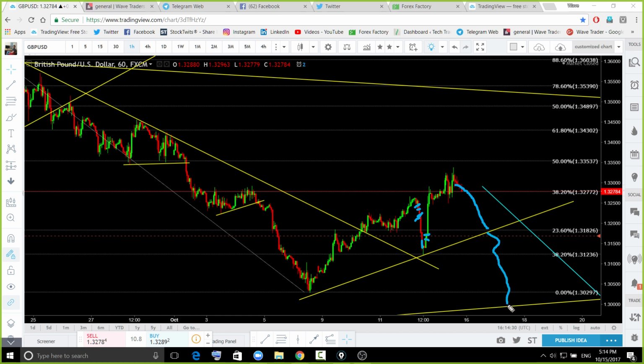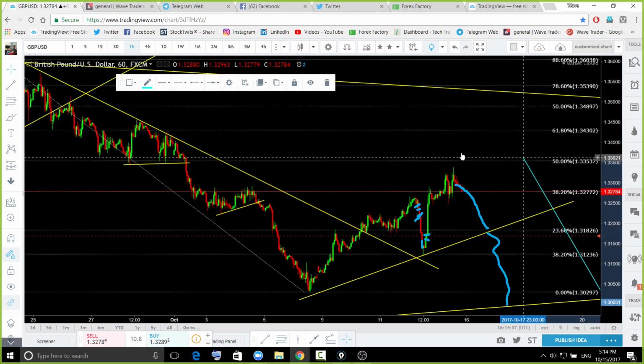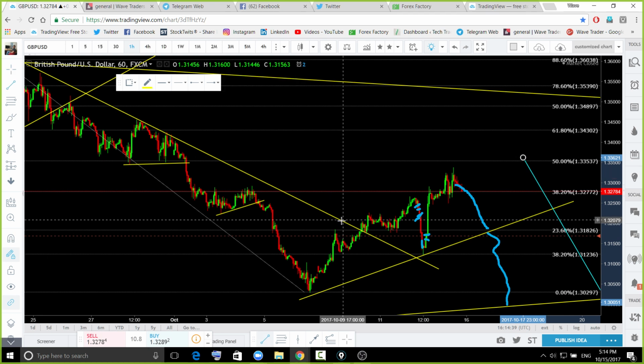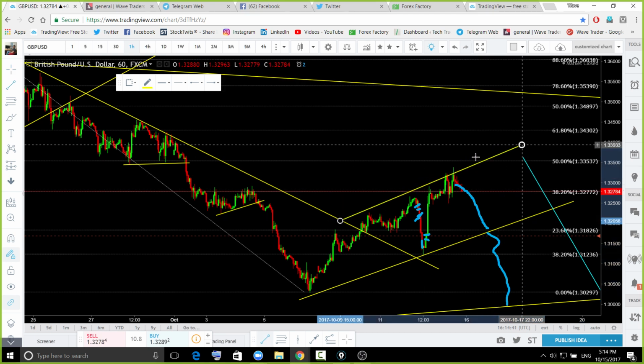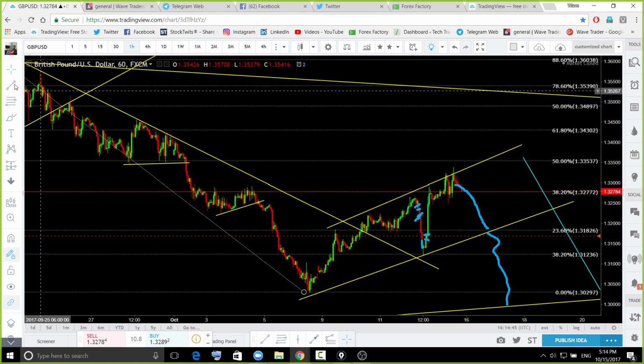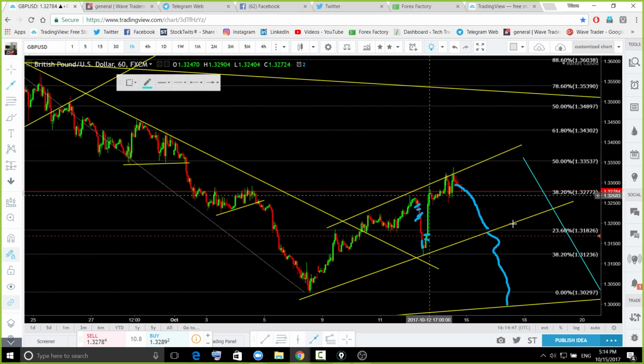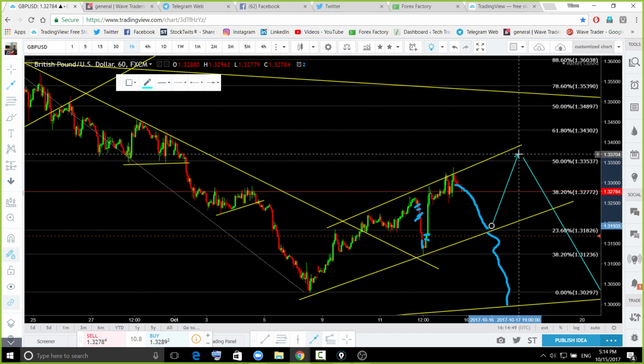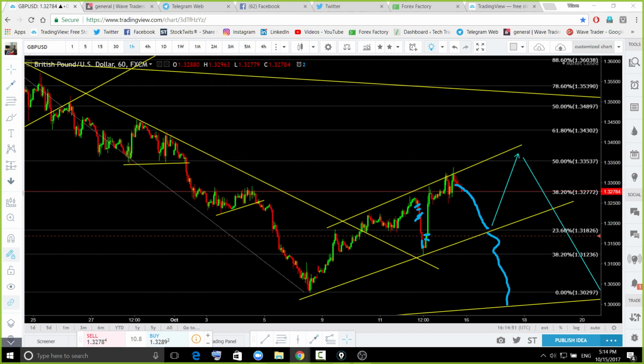If this is not going to break out, what you need to look for is an extension of that pattern, an extension of that formation, which would be the bigger daily formation. Look for that trade and watch this breakout.